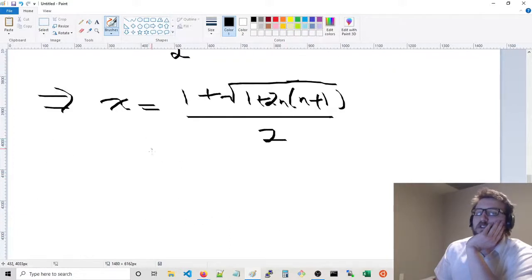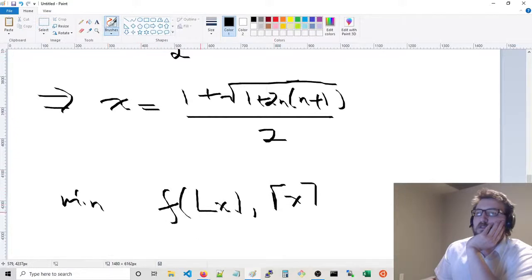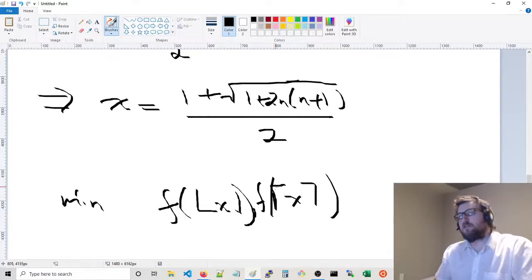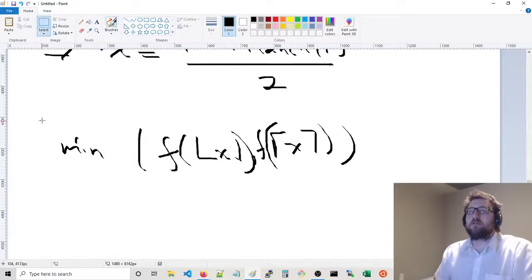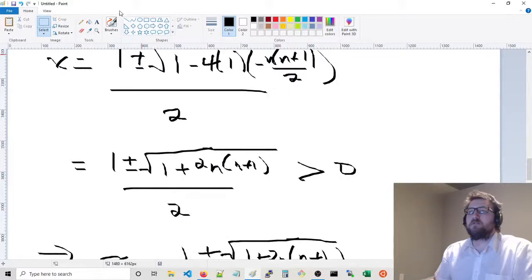And then so x is basically the minimum of floor of x, ceiling of x. Yeah, that's pretty much what you end up with for the result.